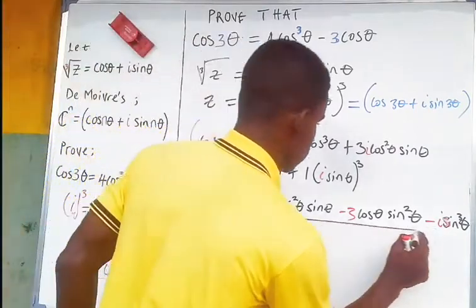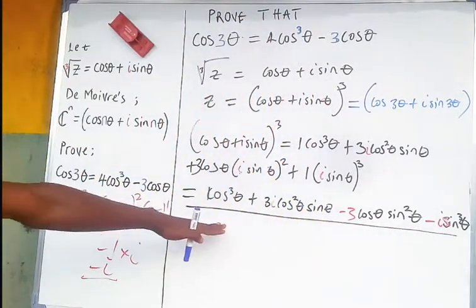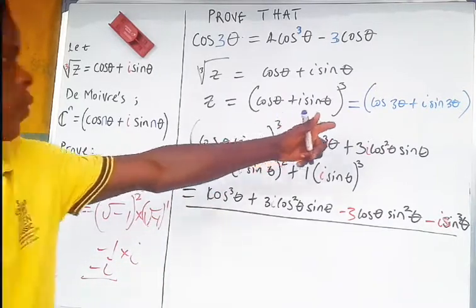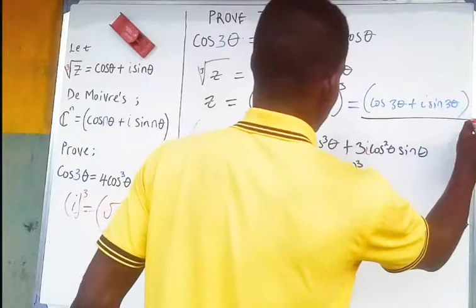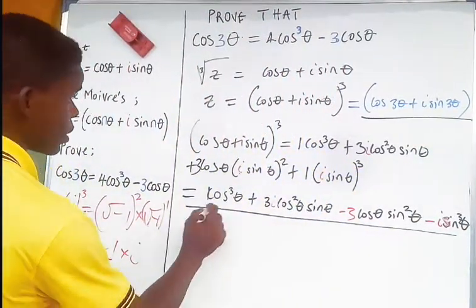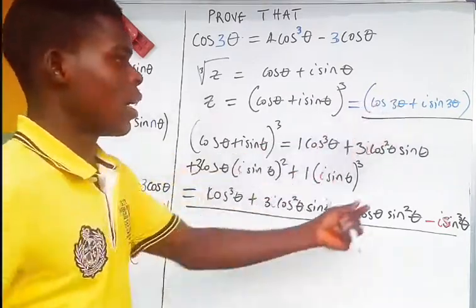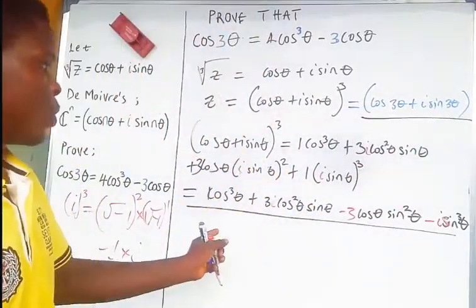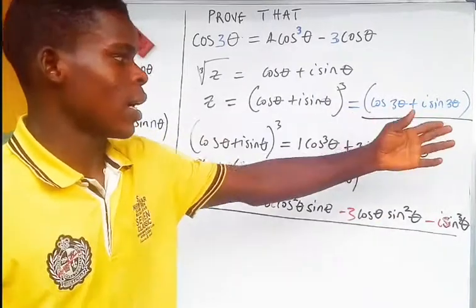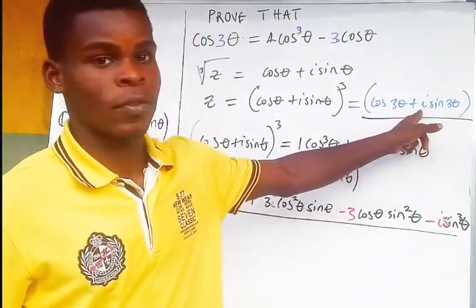We are done with the expansion. Now I want you to recall what De Moivre said: this will be the same thing as this. So that means cosine 3 theta plus i sine 3 theta would be this. Look at the real part, cosine 3 theta, and the imaginary part, which consists of the iota.